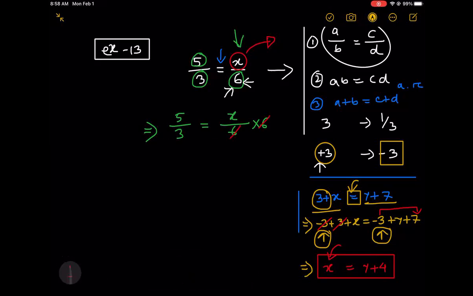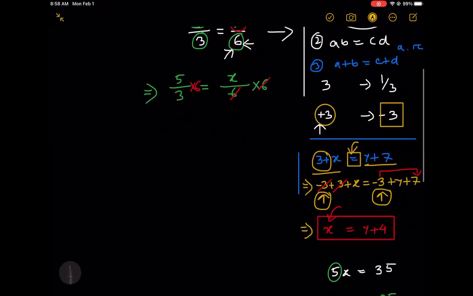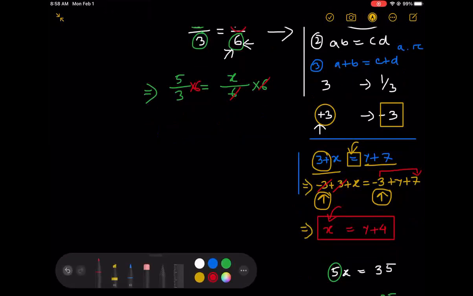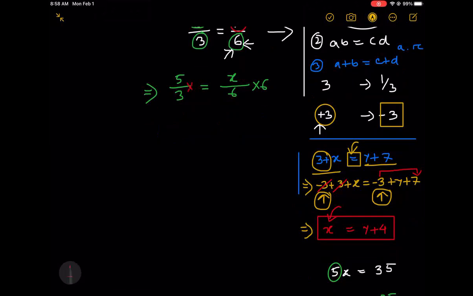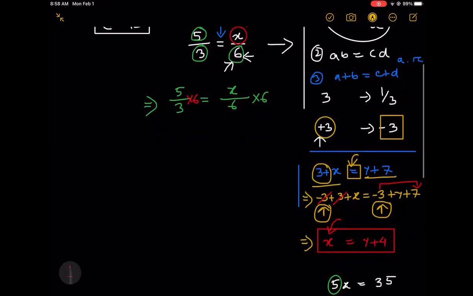And obviously I need to do that on the left side as well. So what I'm doing here is multiplying both sides by the denominator, because this will help me to get rid of the 6 I have with that x. And this will also make sure I can isolate that x.